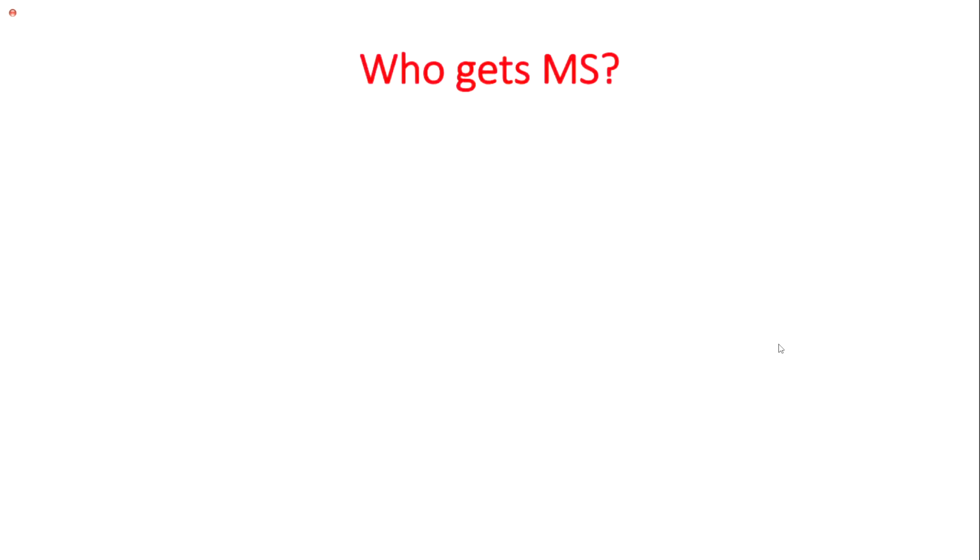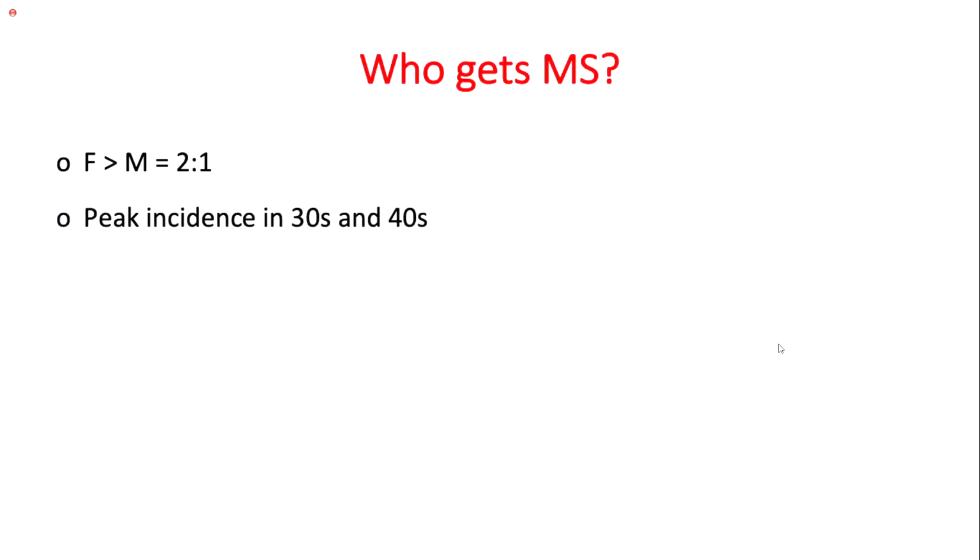Who gets multiple sclerosis? Old people or young people? It is young people. Any autoimmune disease is more common in men or women? In women, right? So it's autoimmune disease. And the peak incidence is 30s and 40s, but we see patients from the age of 20. Pediatric multiple sclerosis is also well described.